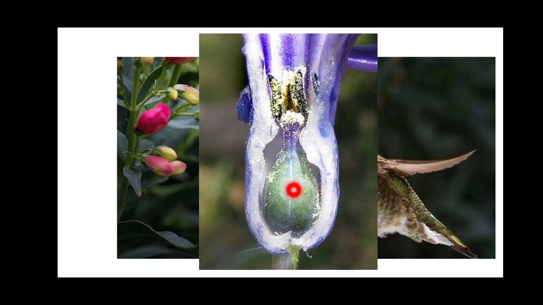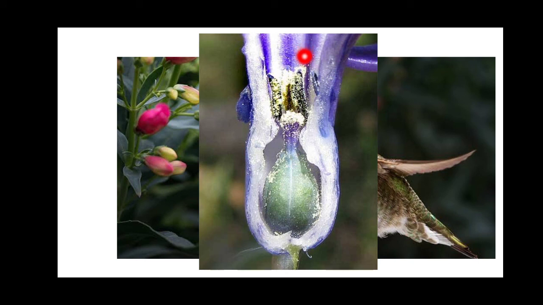But it is not the normal thing. Usually, the anthers will be found right here, dispersing all of it. And this is the stigma, you can see right there. This flower has the stigma at the bottom and the anthers at the top. So the pollen is dispersed from there, right here on this region.